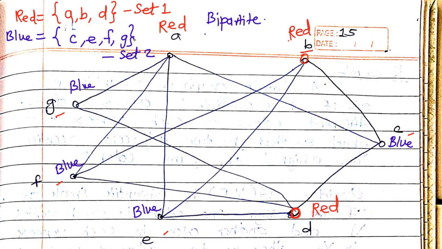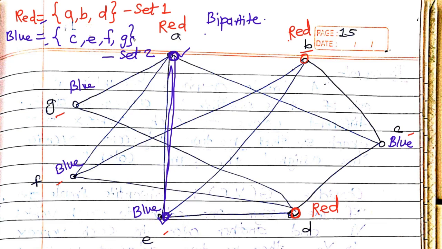The definition of a bipartite graph also says that if you take any edge of this graph, this edge should connect a vertex from the red colored set and a vertex from the blue colored set. For example, take the edge from A to E. A is from the red colored set and E is from the blue colored set.